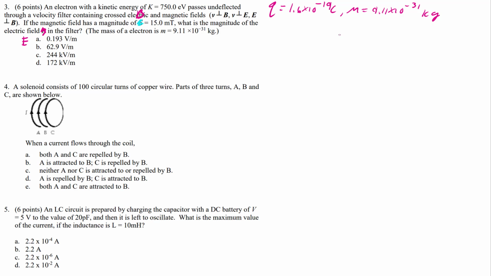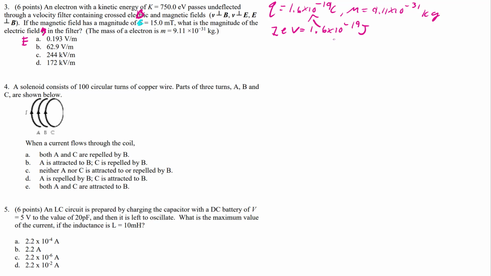Now we have a kinetic energy of K, which is 750 electron volts. Well, what's an electron volt? If you want to convert electron volts to joules, you should know that 1 eV is equal to 1.6 times 10 to the negative 19 joules. And hey, look at that.